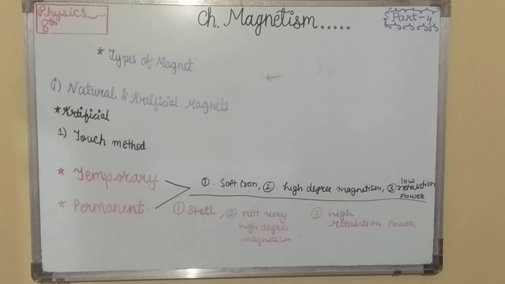Now next topic is nature of the materials used for temporary and permanent magnets. So let us see the type of material needed for making temporary and permanent magnets. In a temporary magnet like the electromagnet, the molecular magnets should arrange themselves uniformly as soon as current begins to flow.